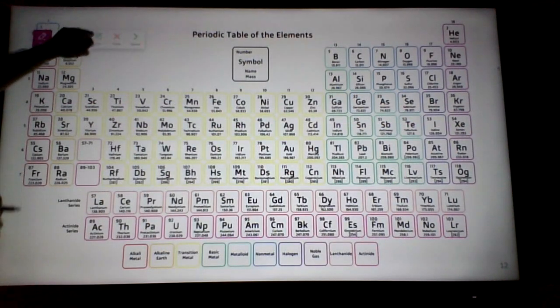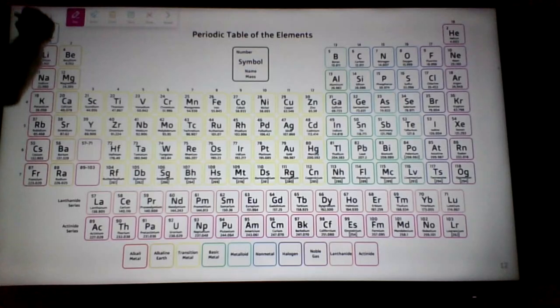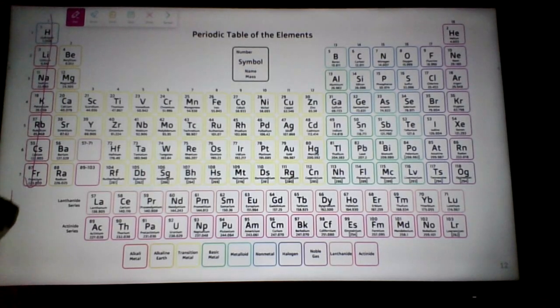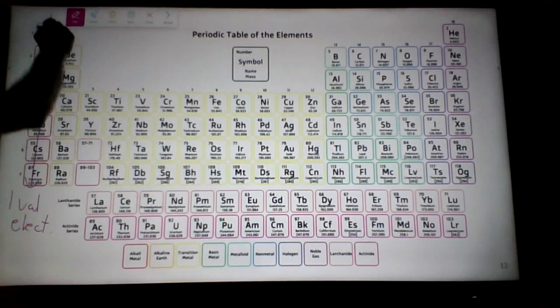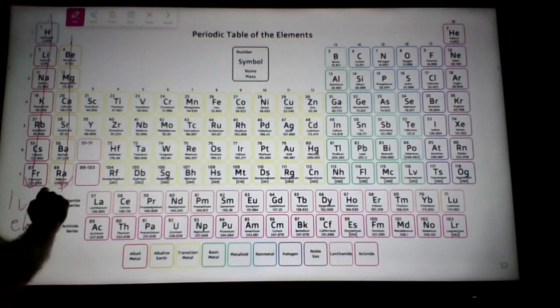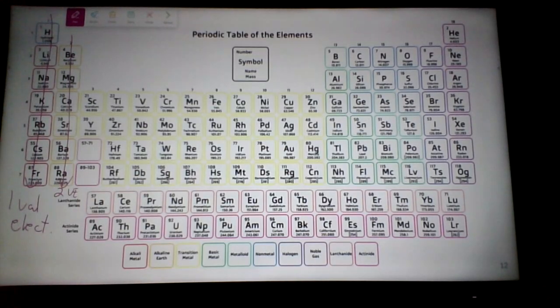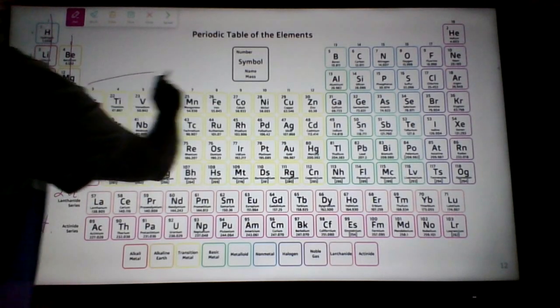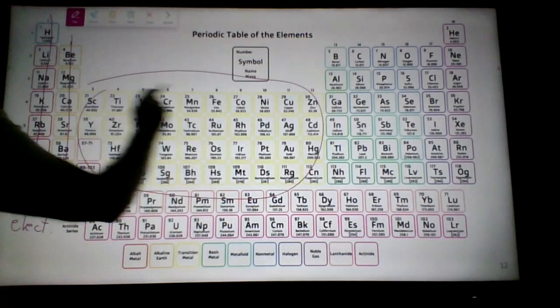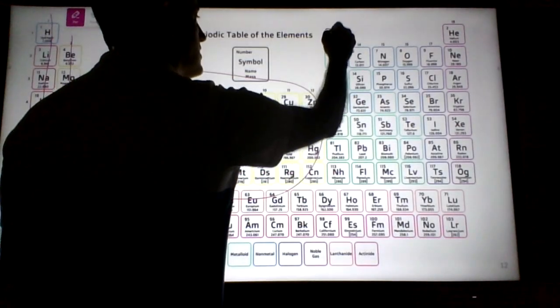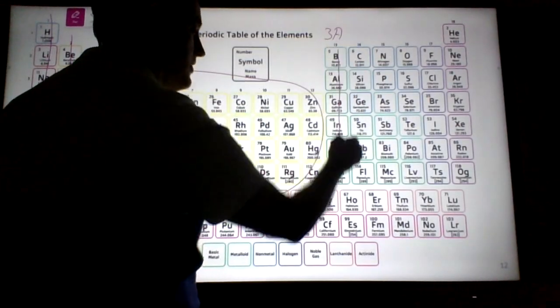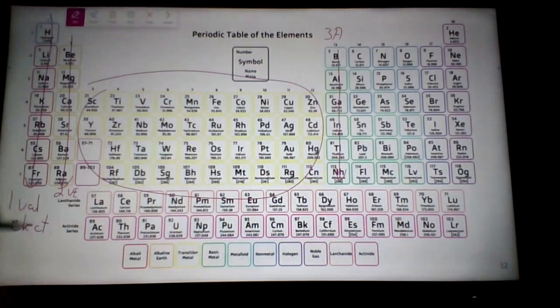Going down a column, all of these elements have 1 valence electron. All these elements have 2 valence electrons. I'll talk more about all these another time, but let's skip over here to 13, which is also called 3A. All of these have 3 valence electrons.